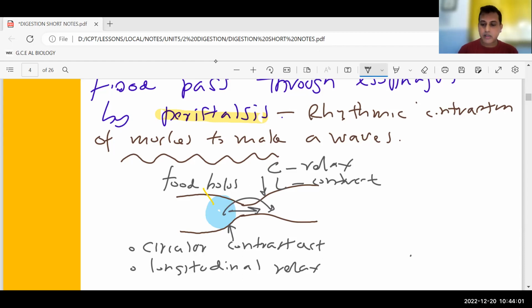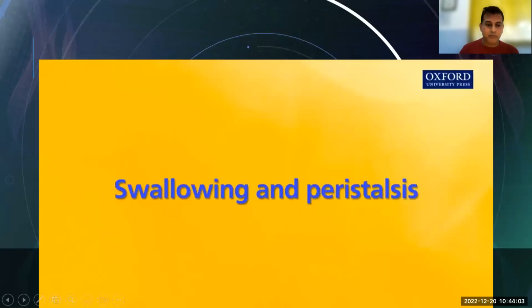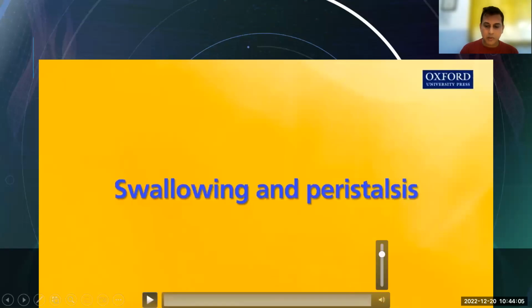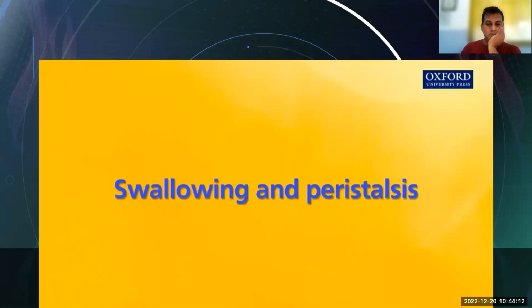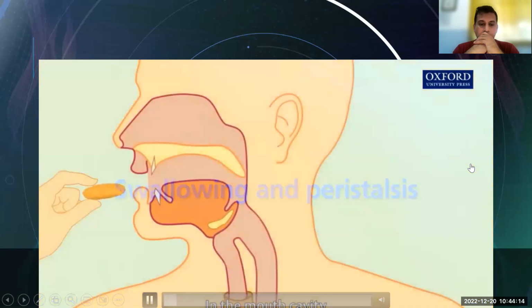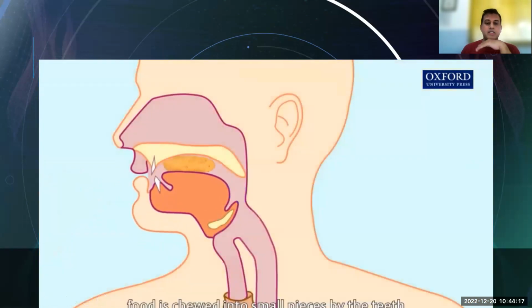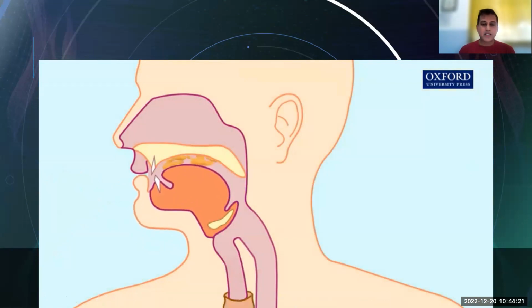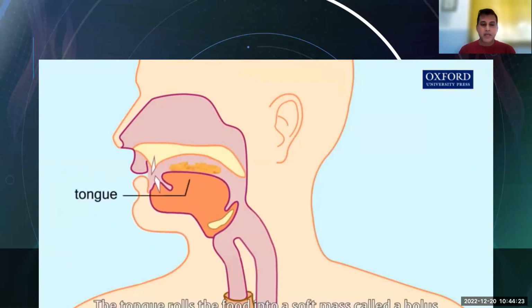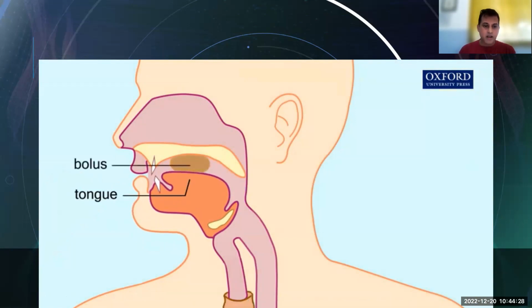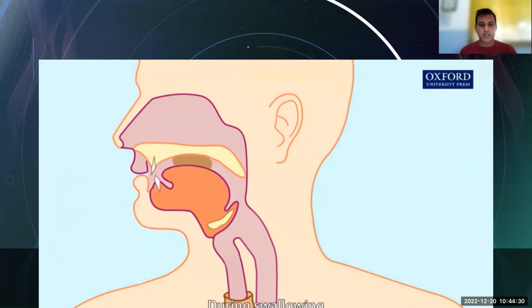I think we can see this one. Here you can see the person breaks the food by mechanical digestion and then makes the bolus with the help of the tongue, and the tongue pushes the food back into the pharynx.